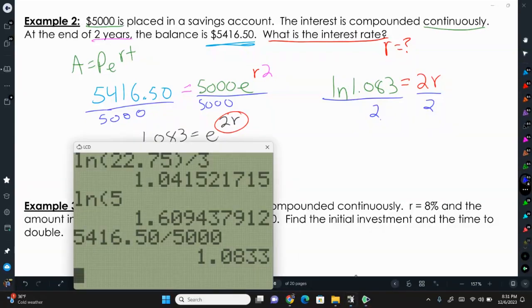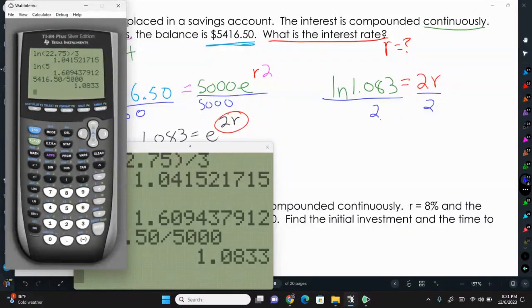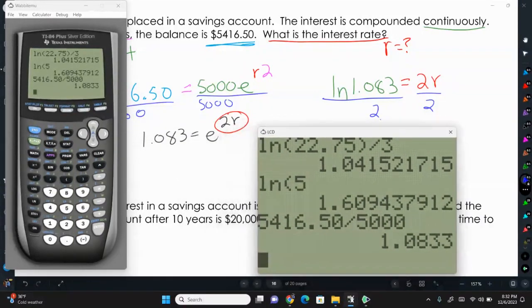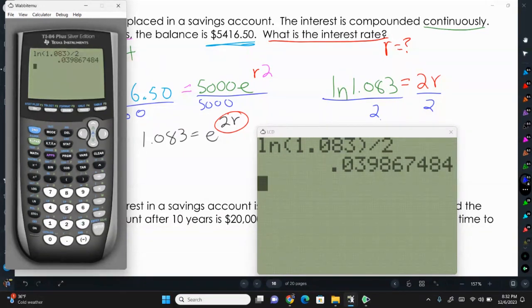You could have done the natural log of 1.083 first and then divided it by 2. But I decided to do just one calculator operation, close parentheses, divide by 2, and we get 0.038398, which we would round to 0.04.